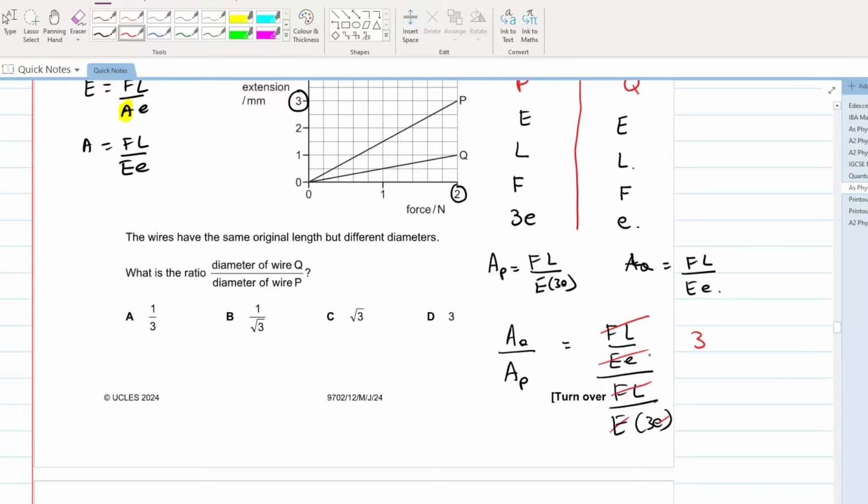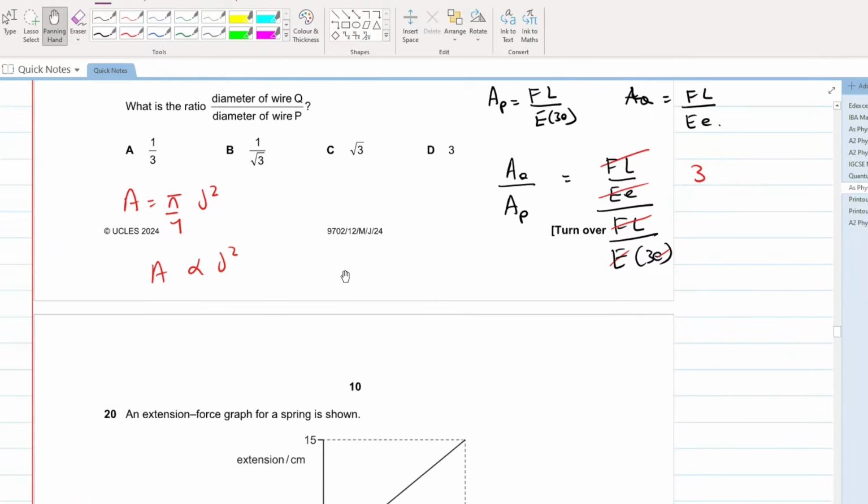So the ratio of areas is coming out to be 3. Now do you remember the formula of area? Area is equal to pi over 4 d square. Can you realize area is directly proportional to diameter square? So if you have the ratio of area, what will you do? You will apply this formula here.